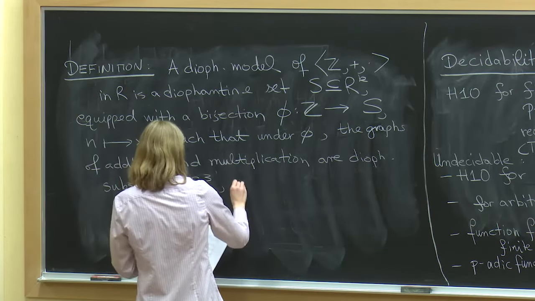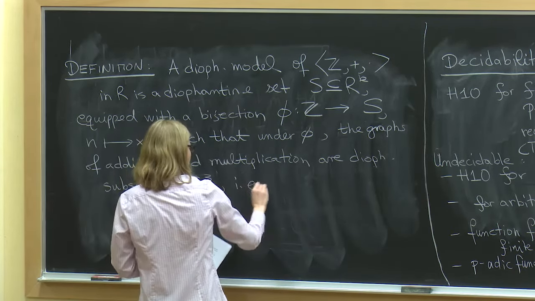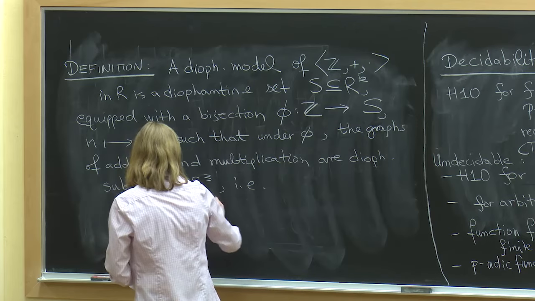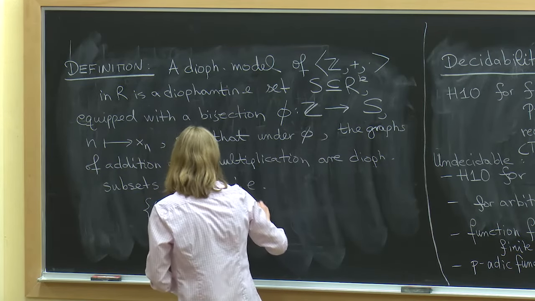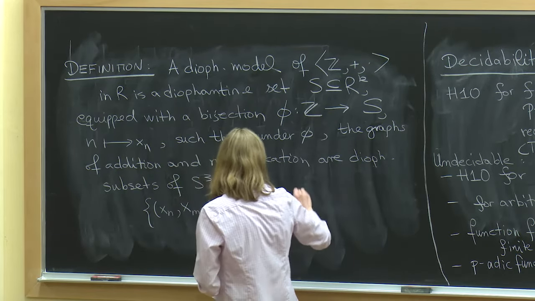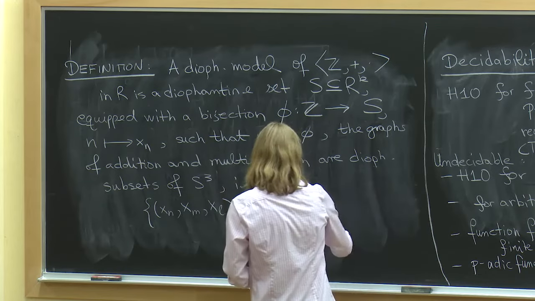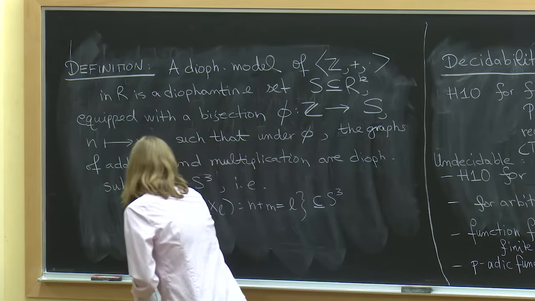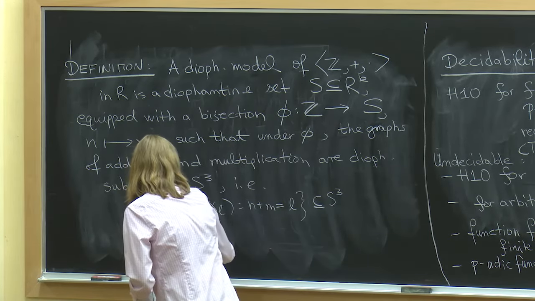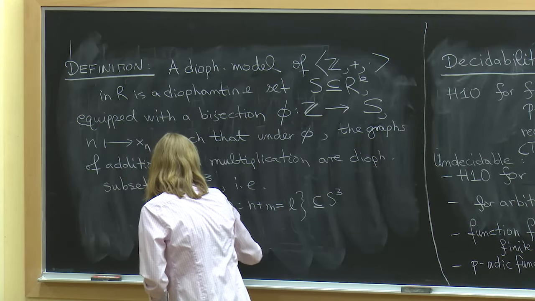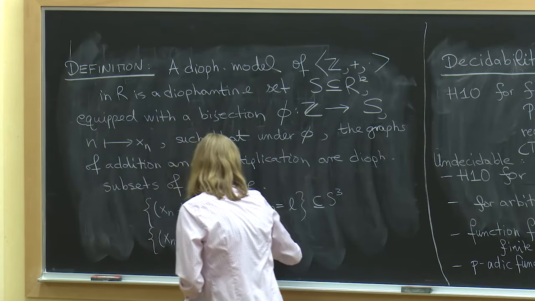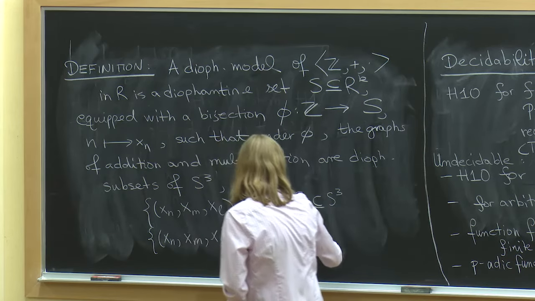What does the graph of addition look like? It's the triples x_n, x_m, x_l for which n plus m equals l. That should be Diophantine. And x_n, x_m, x_l for which n times m equals l. That's the graph of multiplication.